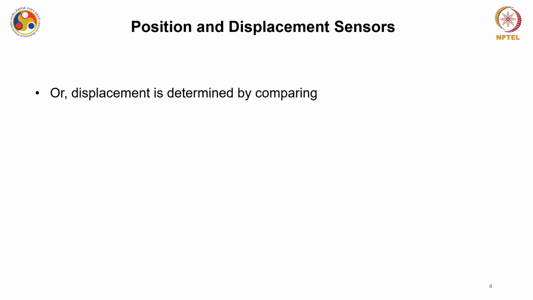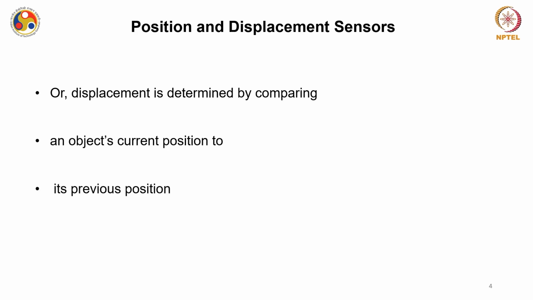Since we are discussing a course on sensors, we have to actually find this displacement. Only understanding the physical meaning will not help. To find the displacement, the current position can be compared with the previous position where the object was located earlier.